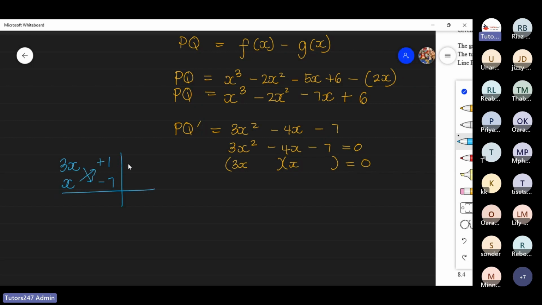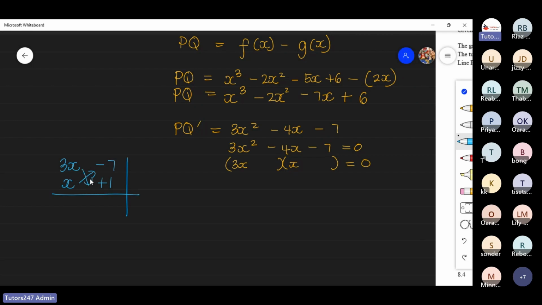So x times +1 gives us x. 3x times -7 gives us -21x. If we add these two, it gives us -20x. If you notice, we need -4x, not -20x. So what we are now going to do is we are going to swap them. We're going to put 1 at the bottom and -7 on top. So let's see. All you need to do is try different combinations till you get the middle term.